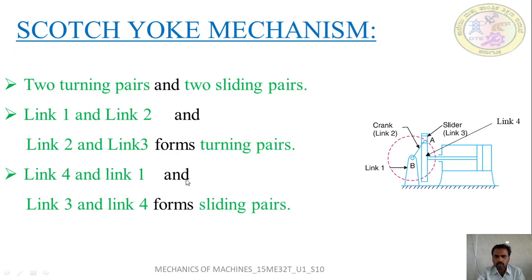There are also two sliding pairs: link 4, the slotted bar, and link 1 form one sliding pair, and link 3, the slider, and the slotted bar form one more. In total there are two sliding pairs and two turning pairs.